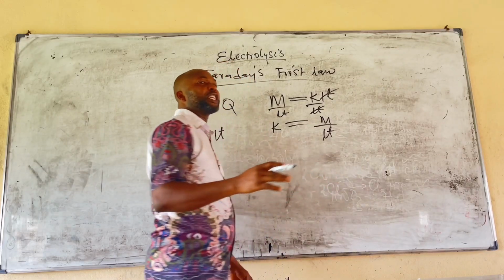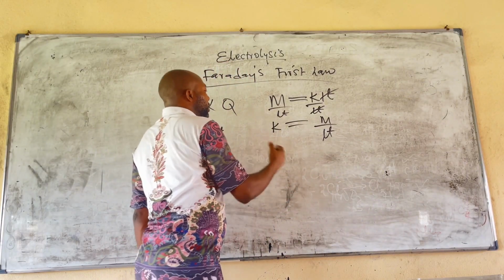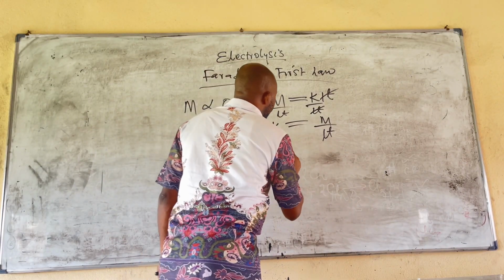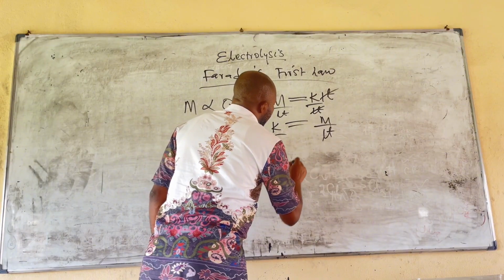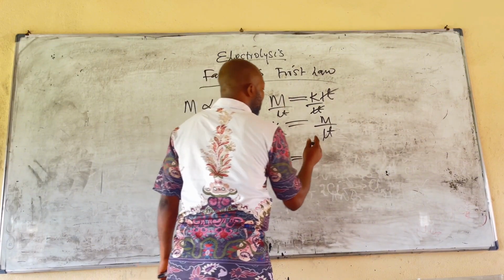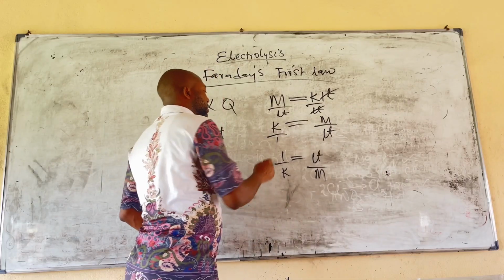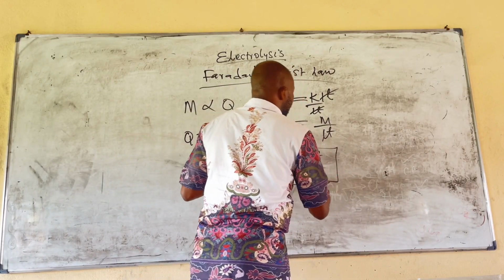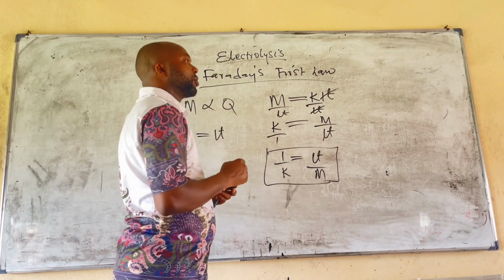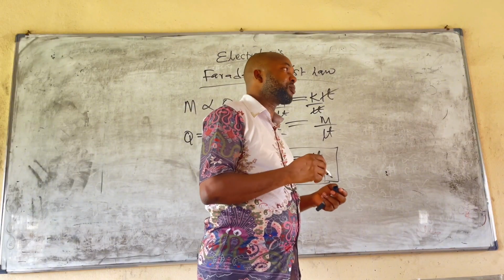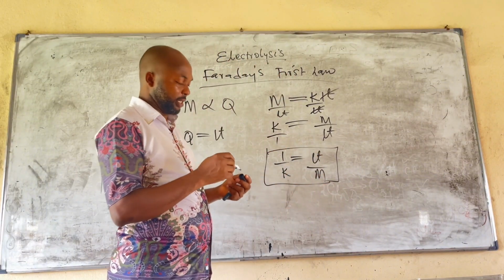Now, if this were to be reversed in a reciprocal form, this becomes 1 over K equals IT over M. This will be required when we get into mole and mass relationship in electrolysis.